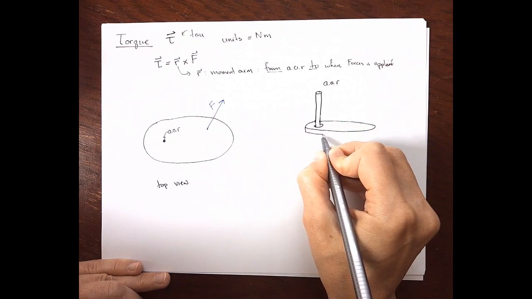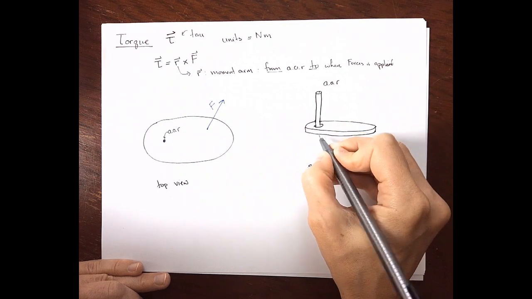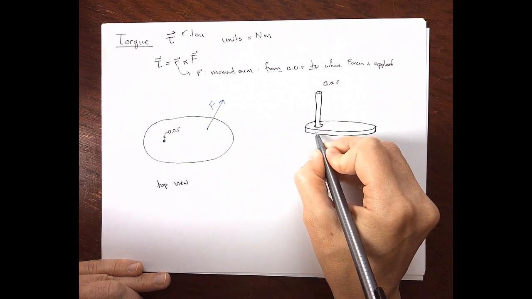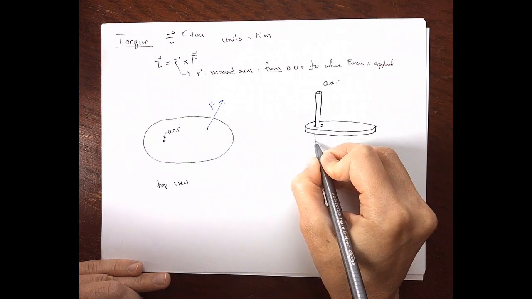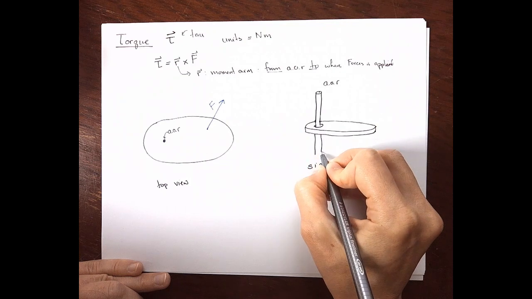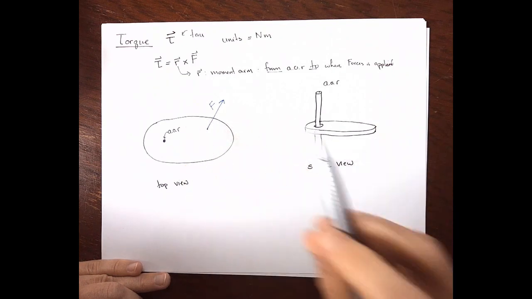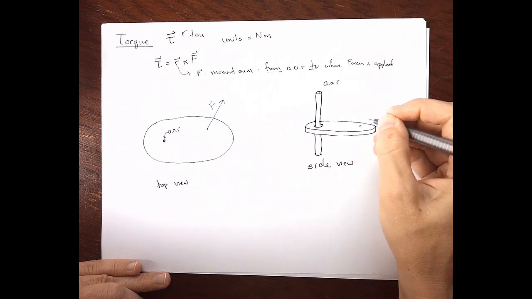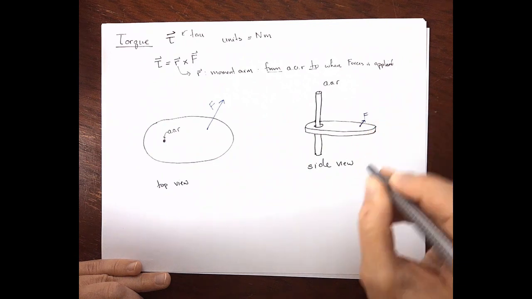Maybe it has a little bit of depth like this. So it's kind of, I don't know, maybe a slab or something. And then the axis of rotation, it travels through the slab. We can't see it because, of course, the object's in the way, but then it comes out down here. And then our force, so I'll need to go get my other color again. The force is sort of applied here, and it goes off into the back of the paper like that.